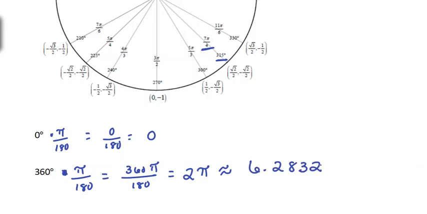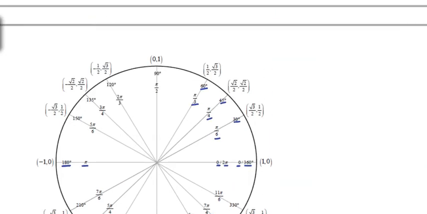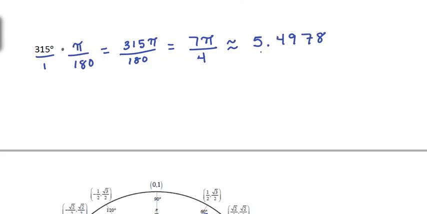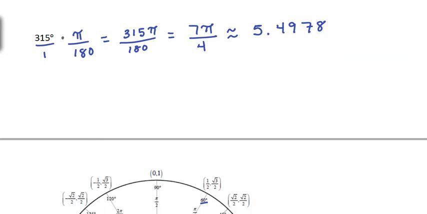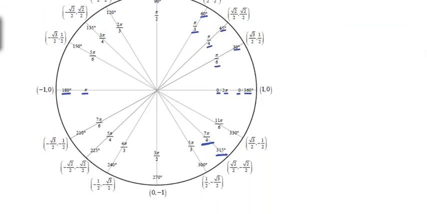Now, this kind of made sense. 315 degrees was 7 pi over 4, or about 5.4978 radians. 5.4 something. That was here. So this was about 5.49 radians. This is 6.28 radians. Makes sense.